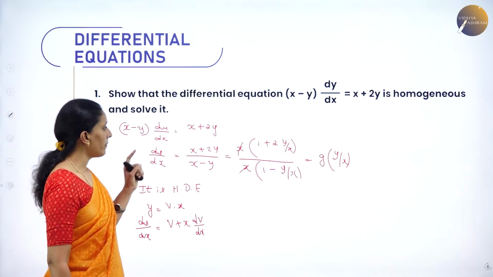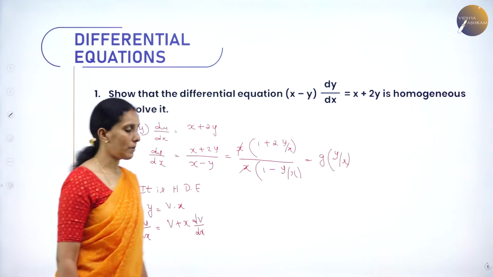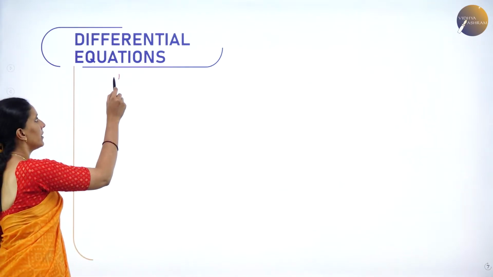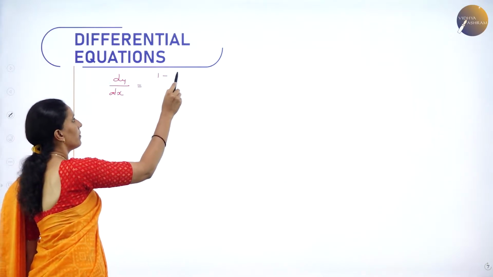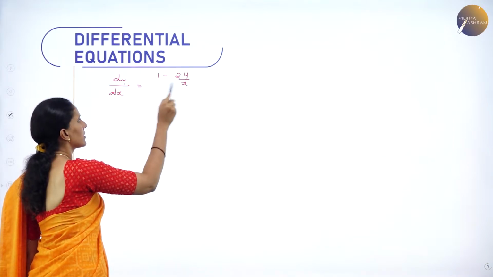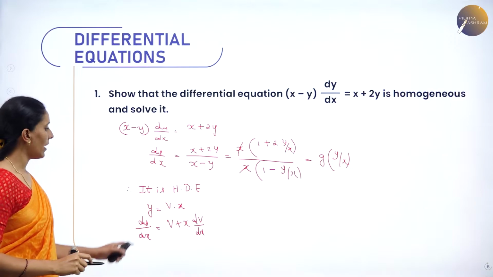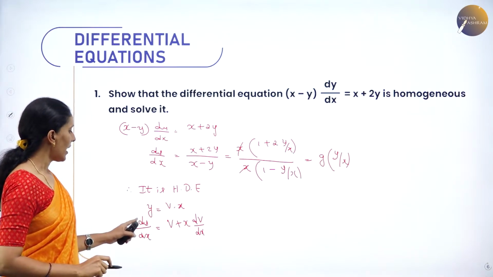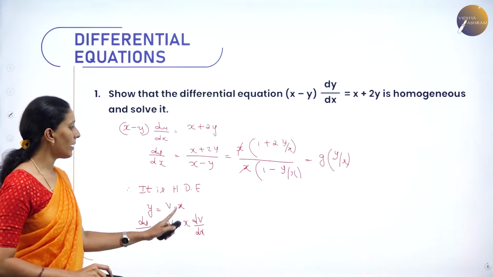So we have dy by dx is equal to 1 plus 2 into y by x over 1 minus y by x. So what we have taken is y is equal to vx, and dy by dx can be replaced with v plus x into dv by dx.